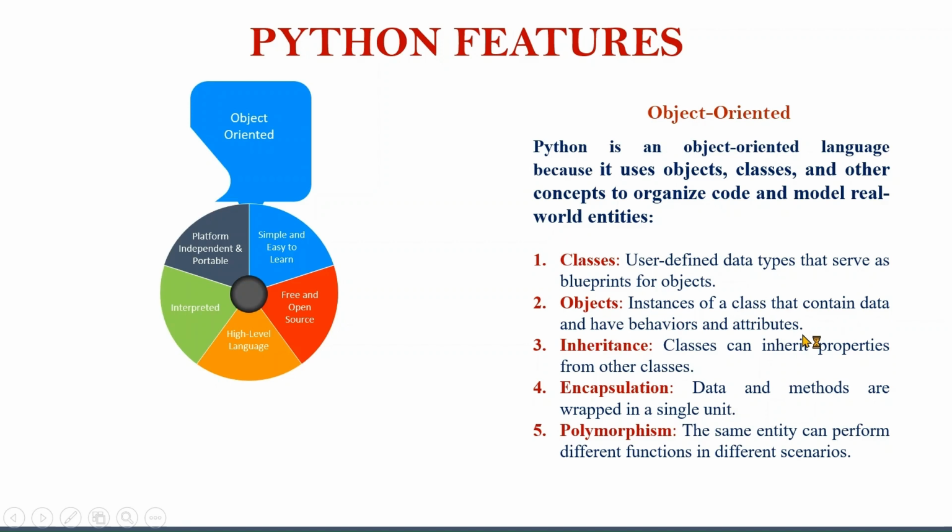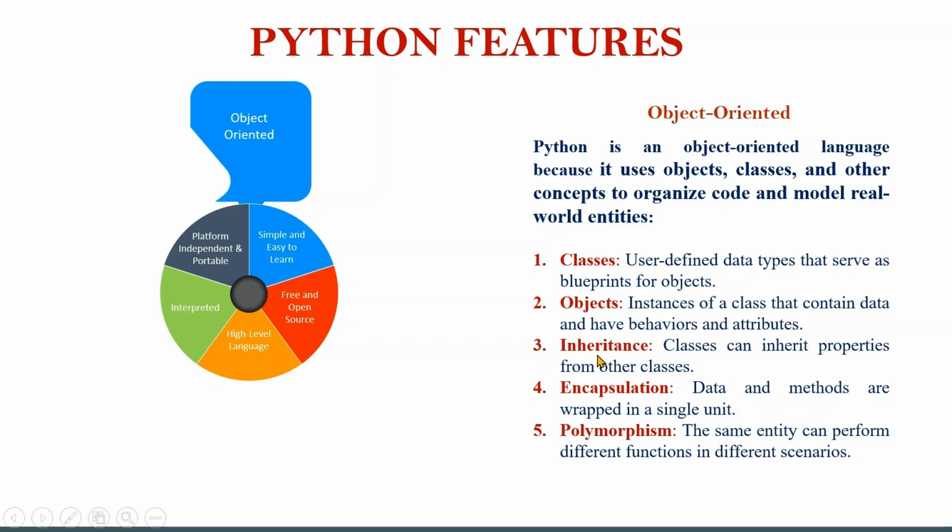Data is nothing but the instance variables, behaviors are nothing but your methods, which means functions, and they hold some parameters. An object is equivalent to a single record. So if we have a student class, we can have a number of objects for that. Suppose in a class 50 students are there, I can create 50 objects, so that every object has the right to access the variables and methods of the class.